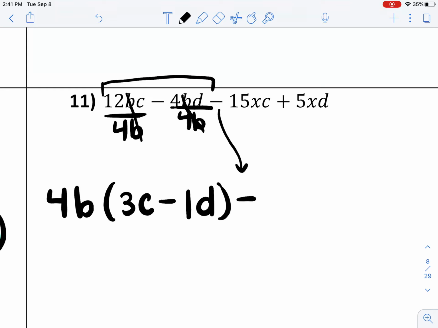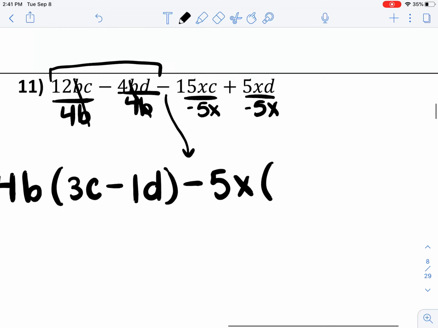The GCF of 15 and 5 is 5. And they both have an x in common. So that means my GCF is negative 5x. When I divide by negative 5x, I get positive 3 because negative 15 divided by negative 5 is positive 3. Then my x's cancel, leaving me with just c.